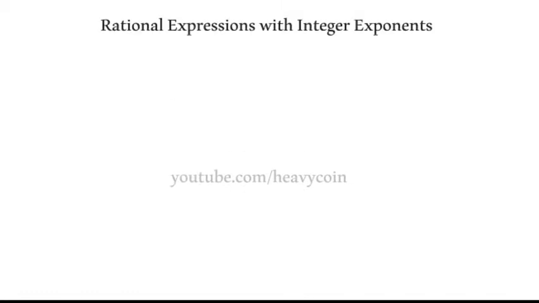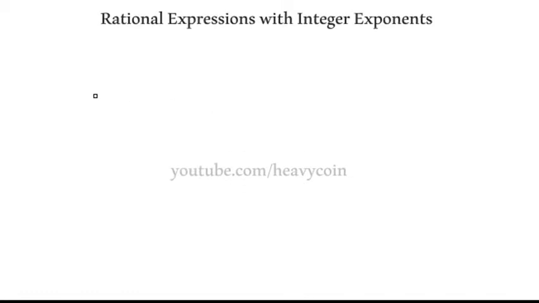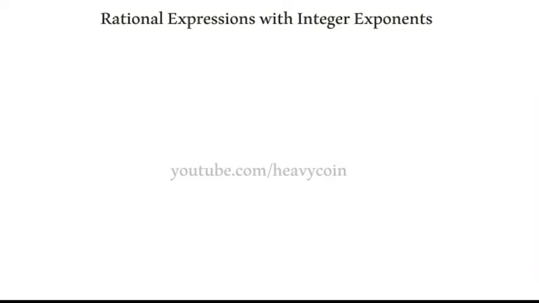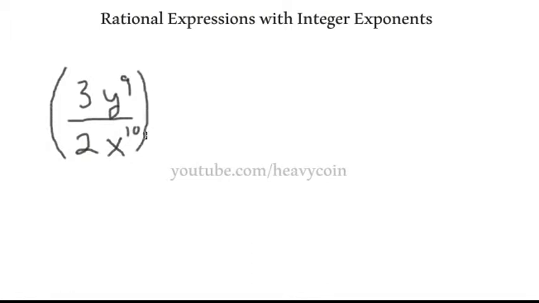All right. Let's say we had, not that, 3y to the 9th over 2x to the 10th, and all of this is going to be raised to the second power.